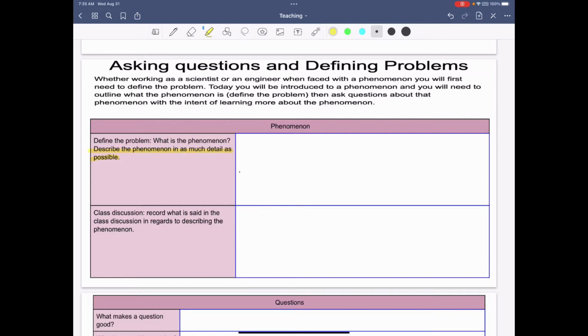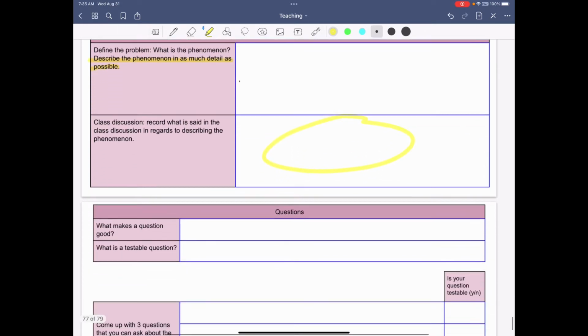Does that make sense? I hope that makes sense. Then, if you're doing this assignment from home, I would encourage you to have a little bit of a discussion about this phenomenon and share it with a family member, and then discuss it and record your discussion in this box here. Okay?